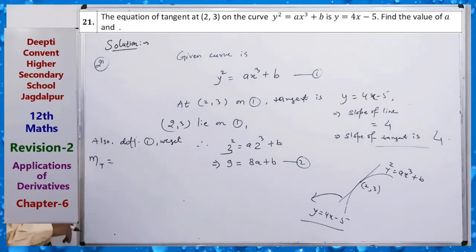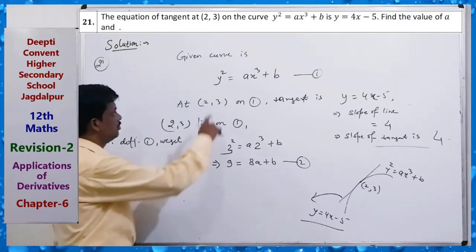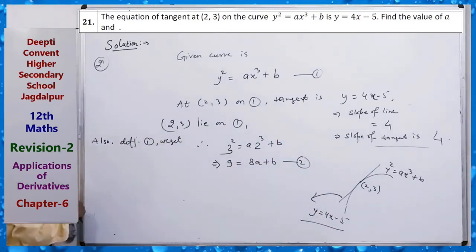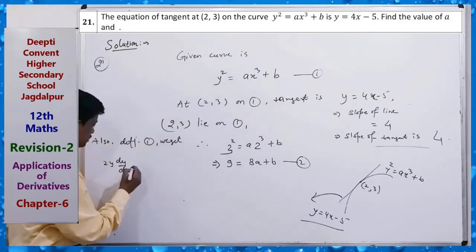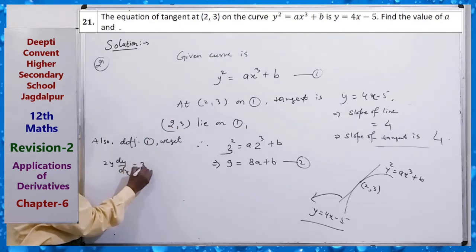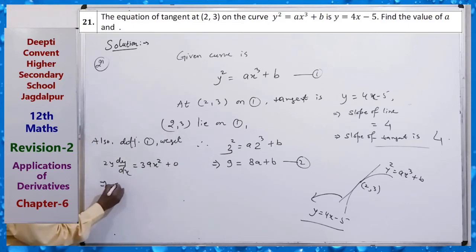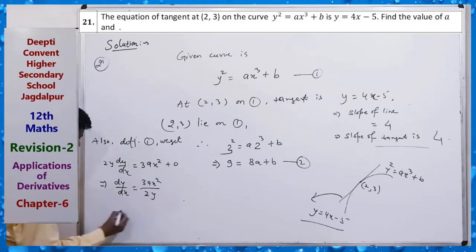Slope of tangent equals dy/dx, so we find the derivative. Differentiating y² = ax³ + b with respect to x: 2y dy/dx = 3ax² + 0. So dy/dx = 3ax²/(2y).